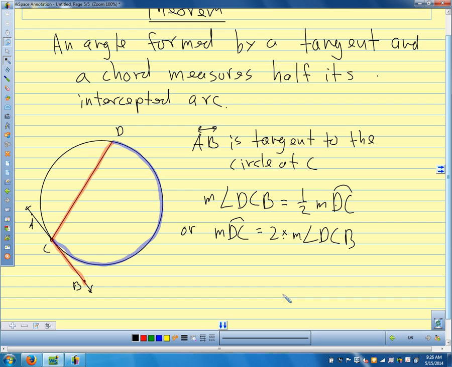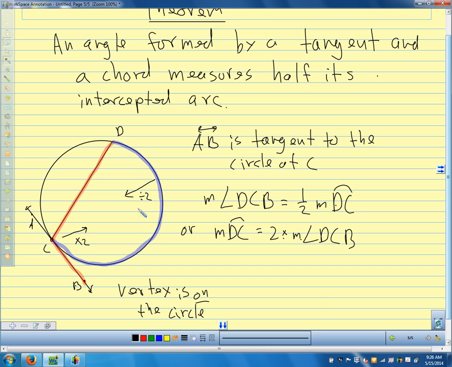This is the exact same rule that we were talking about before. The vertex is on the circle. So anytime our vertex is on the circle, our rule is the same. To go from the angle to the arc, we multiply by 2. To go from the arc to the angle, we divide by 2.